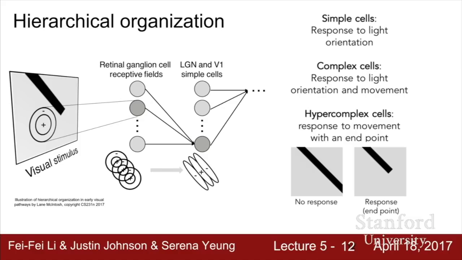And then going further, they discovered that these were then connected to more complex cells, which were responsive to both light orientation as well as movement, and so on. And you get increasing complexity. For example, hypercomplex cells are now responsive to movement with kind of an endpoint, right? And so now you're starting to get the idea of corners and then blobs and so on.